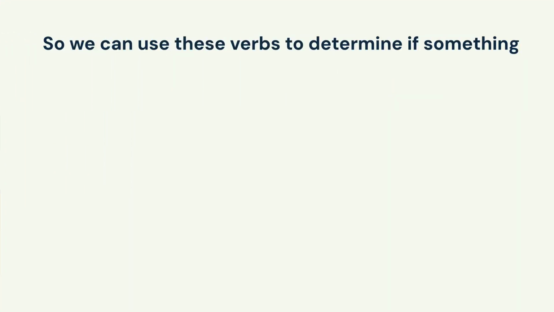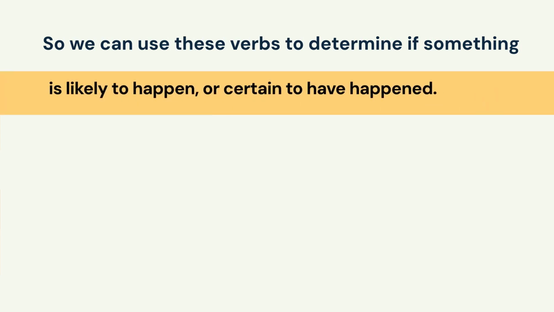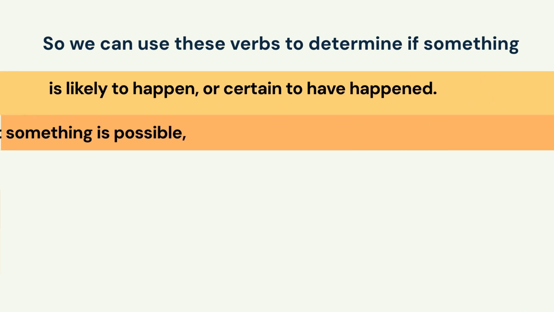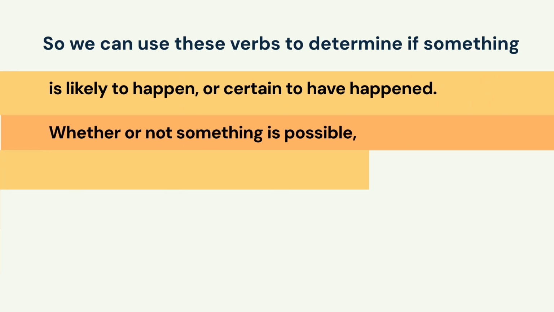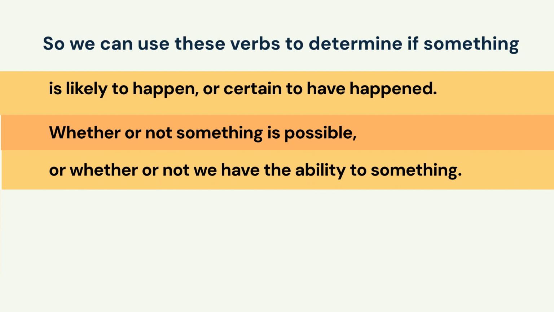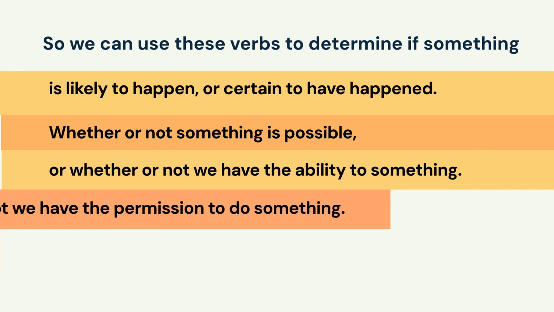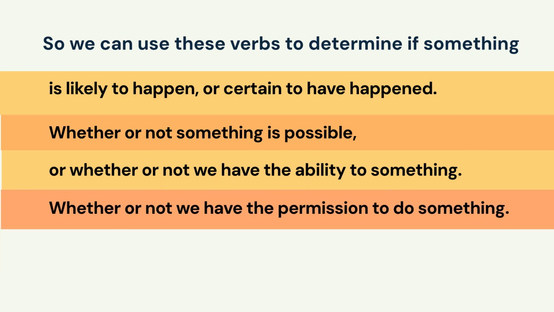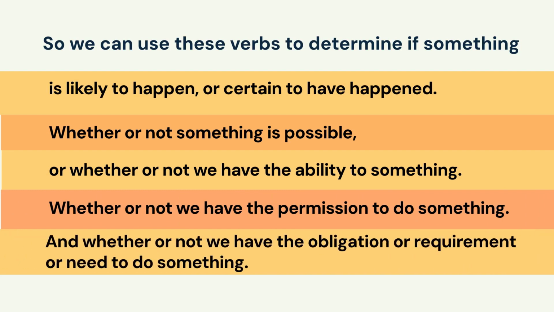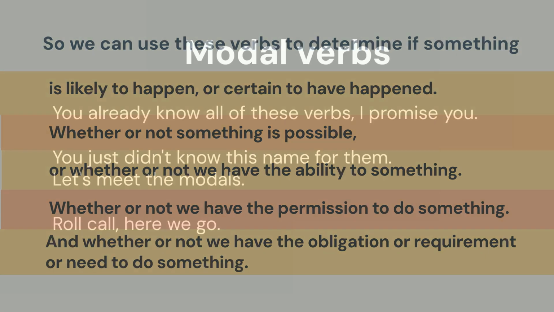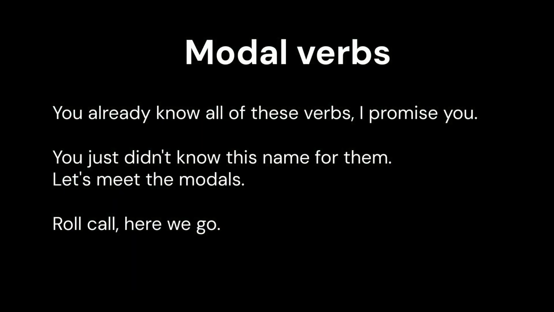So we can use these verbs to determine if something is likely to happen or certain to have happened, whether or not something is possible, whether or not we have the ability to do something, whether or not we have the permission to do something, and whether or not we have the obligation, or requirement, or need to do something. You already know all of these verbs, I promise you. You just didn't know this name for them.